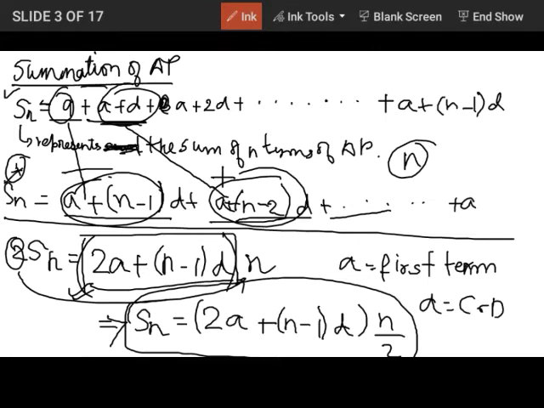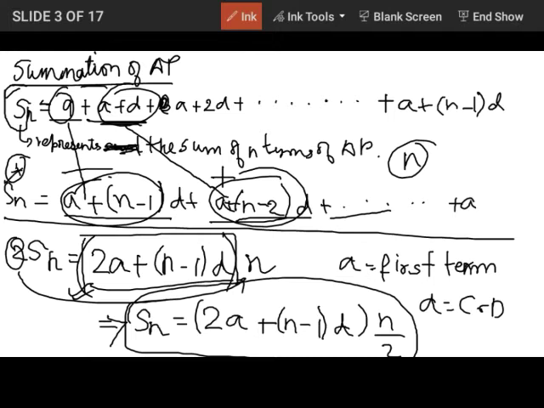I hope that this is clear to all of you. I did nothing, I just assumed that Sn be the sum of n terms of an AP, and I wrote the AP with n terms. I taught you how to write the general form of an AP. So I did this, I added this again, but I did some rearranging, and the result every time I'm getting is 2a plus n minus 1 into d.